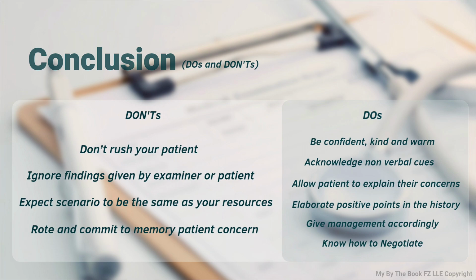If you tell the patient, okay, this is what is wrong with you, and the next thing that you say is, I would like to get you reviewed by my senior, and your time is up, even if you have picked up what was wrong with the patient, you will still get a 0, because it demonstrates that you are not confident about the management of the diagnosis that you made, and you will not get a pass.